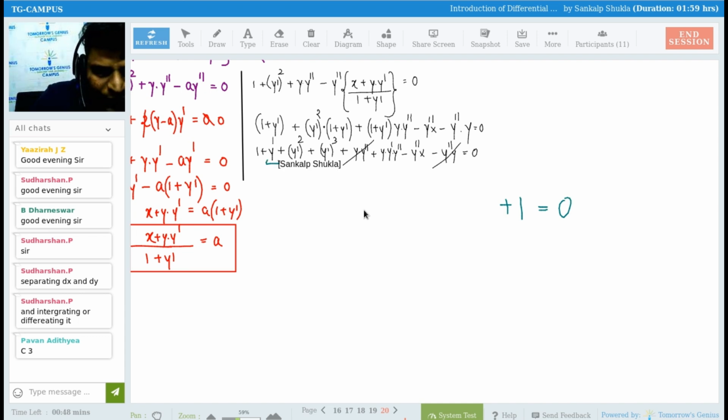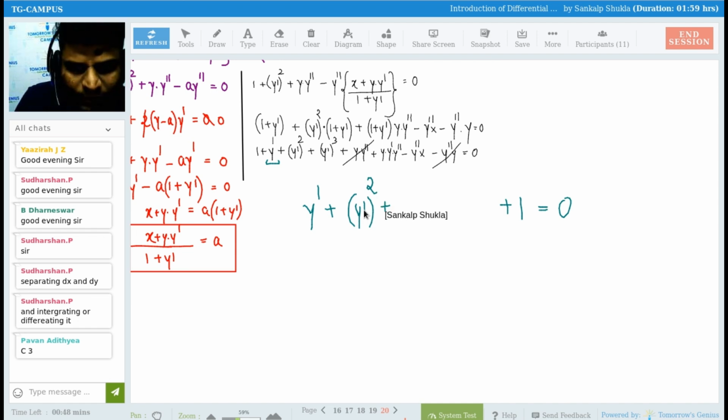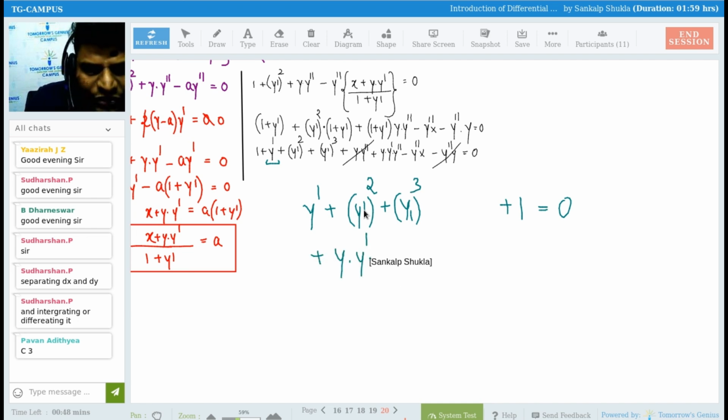Now see y dash. We can write y dash plus y dash whole square plus y dash whole cube is also there, plus y into y dash into y double dash and minus y double dash x.